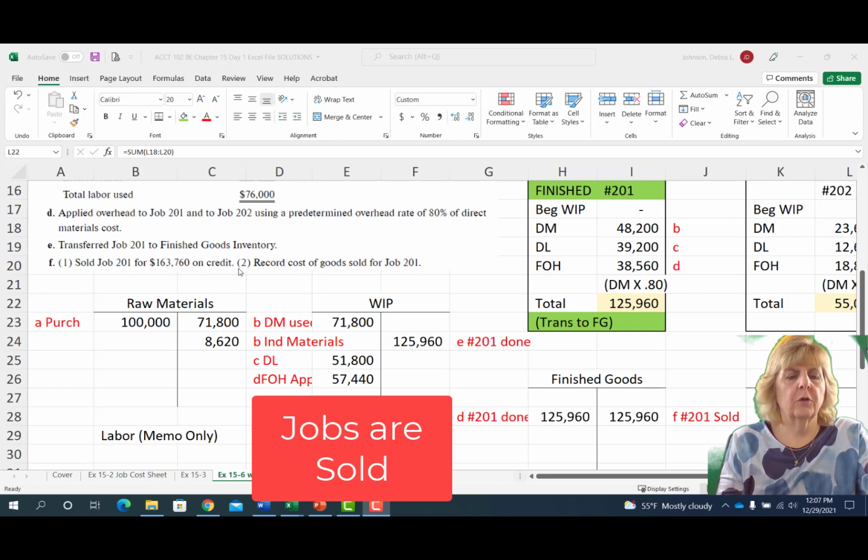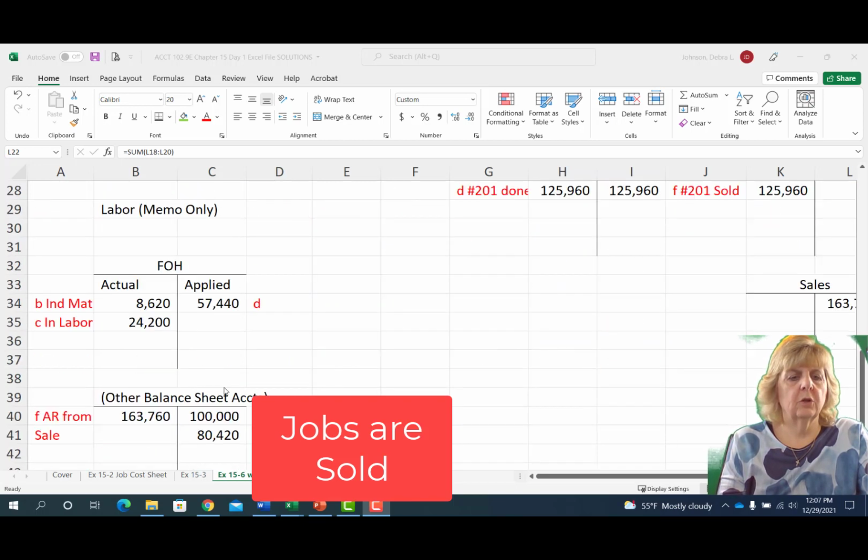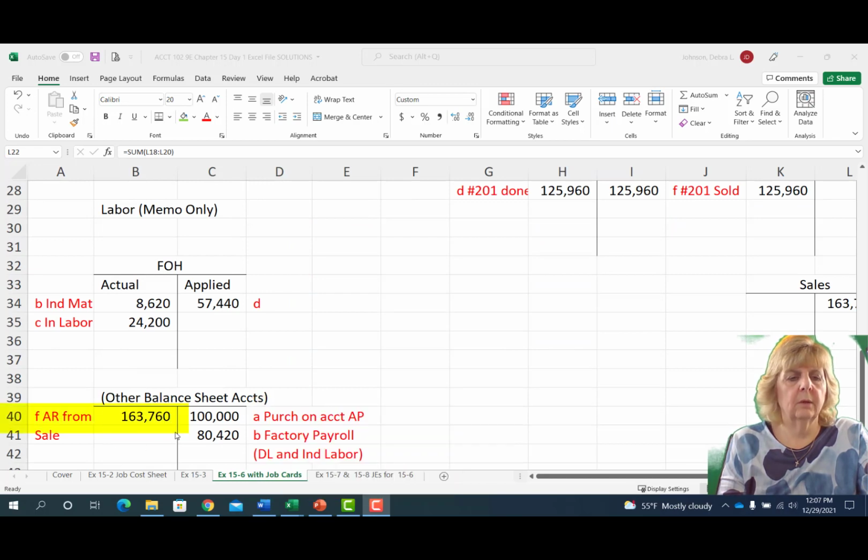You need to record the revenue as well as the expense of that job. The revenue should have been debited to accounts receivable. So for our purposes, we can just put it in this other balance sheet account, notating that it would be accounts receivable.